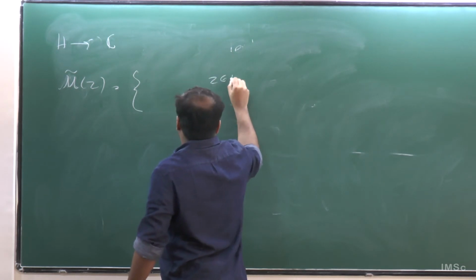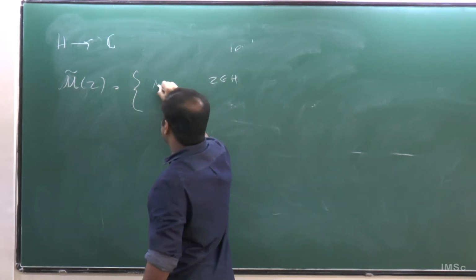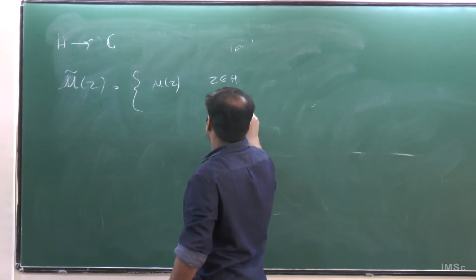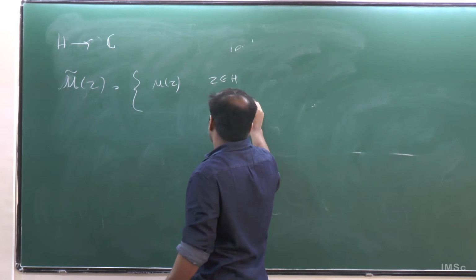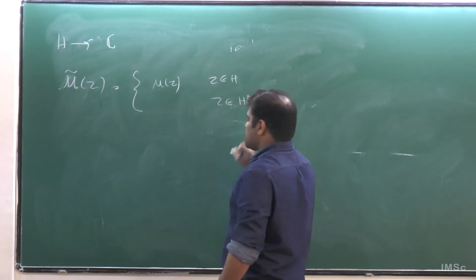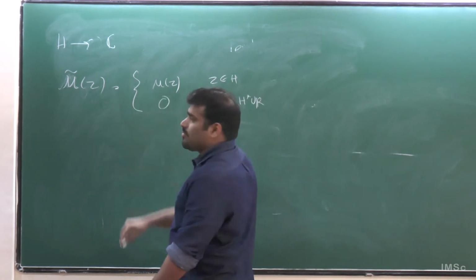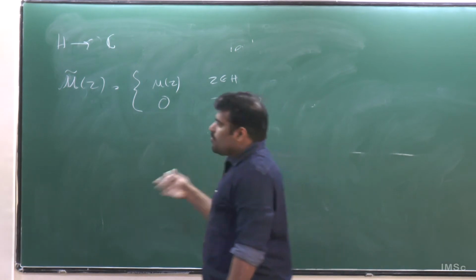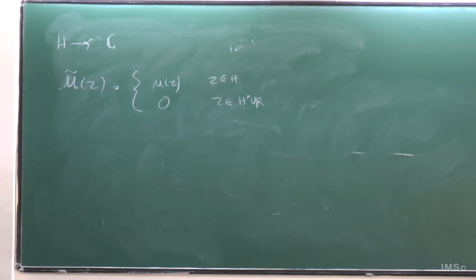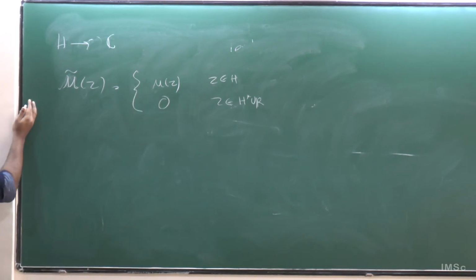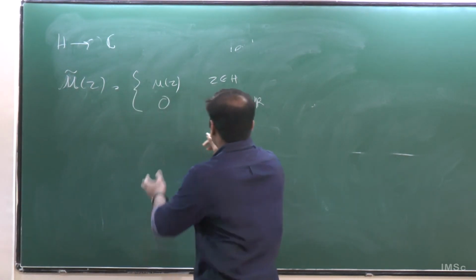Whenever z belongs to the upper half plane, mu tilde of z is mu of z. Whenever z belongs to H star, which means the lower half plane plus the real line, then the Beltrami differential is 0. It's a trivial extension. Again, one can argue that if this mu is producing f mu and f nu such that they are equal on the real line, then they are equal on the lower half plane as well.